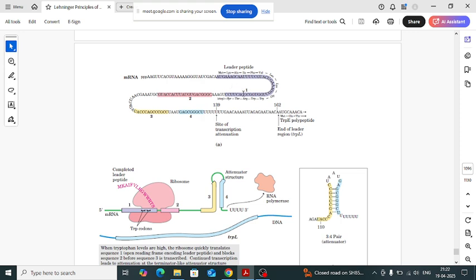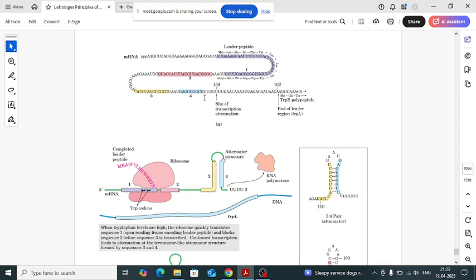So here there are four regions, 1, 2, 3, 4. After the fourth region, there is a site of transcriptional attenuation, right, and that is at nucleotide number 139, and the leader sequence ends at position 162. Right, after that trpE synthesis will start. So after this fourth region at the site of 139, there is a transcriptional attenuation site.